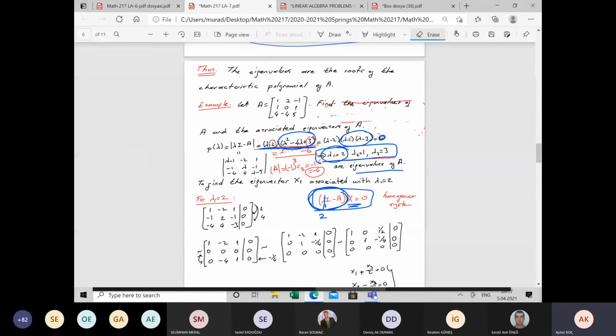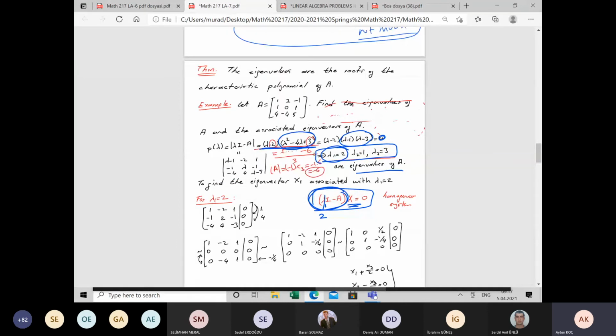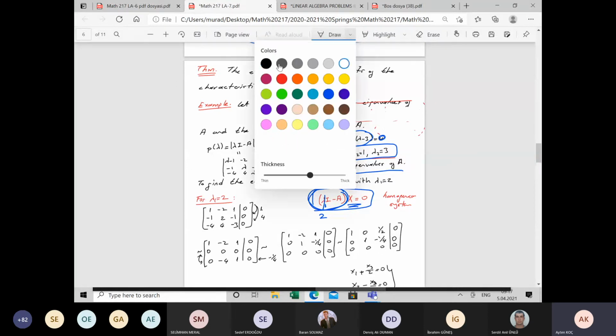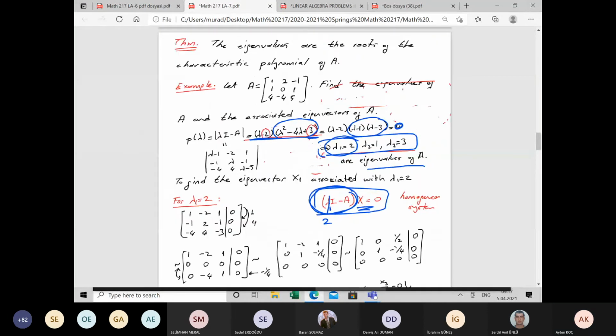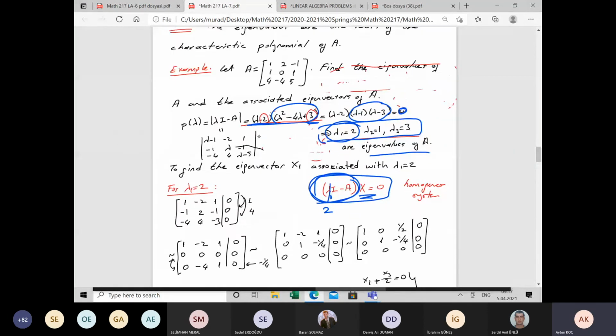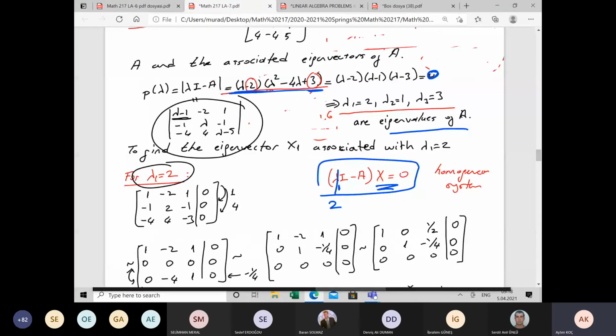So substitute here lambda 2 in the coefficient matrix. Lambda 2 minus 1, 1. Substitute lambda is 2.